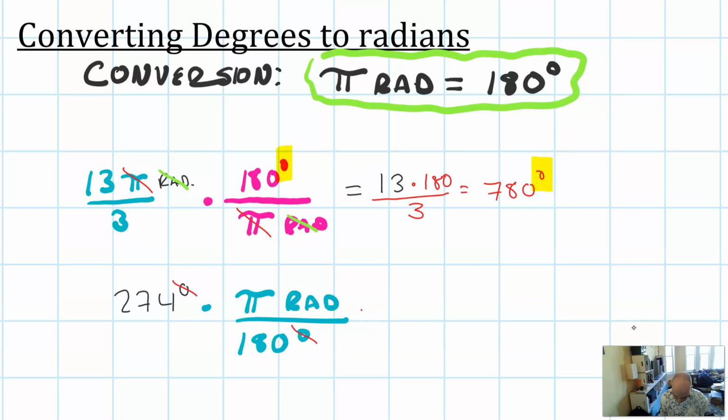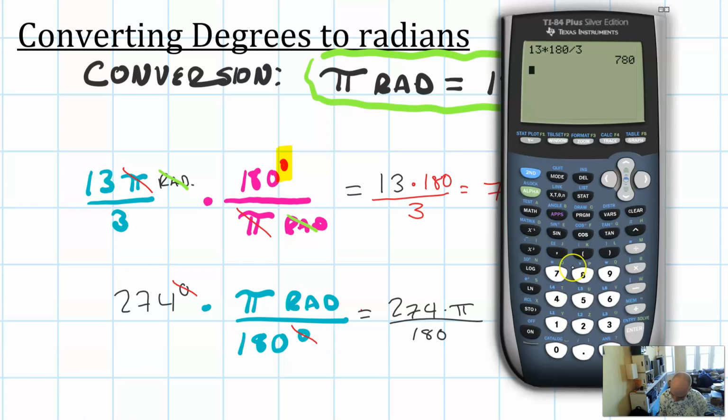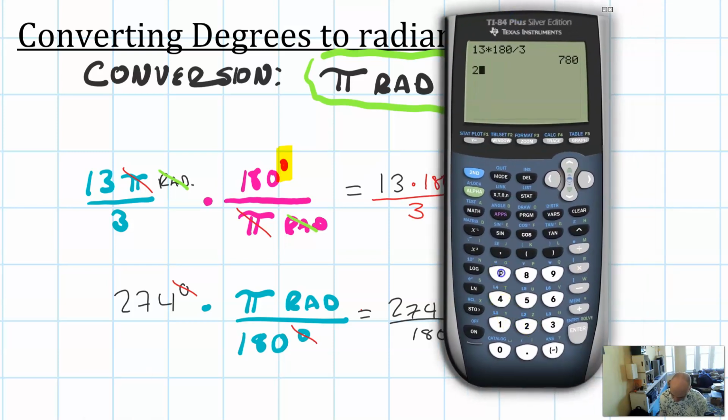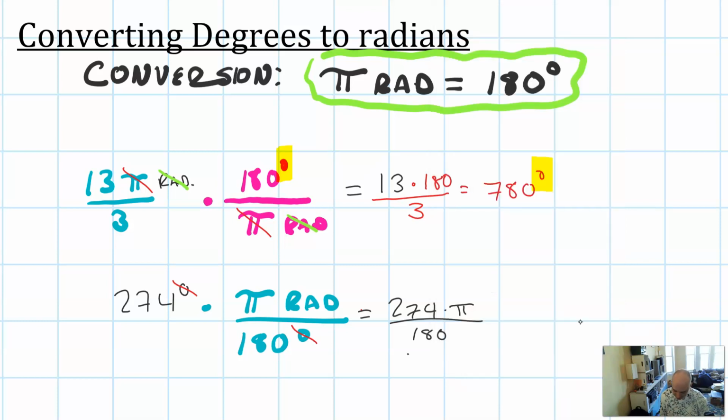The degrees will cancel, and what I need to do then is just 274 times pi divided by 180, which again you can just do in your calculator. About 4.782 radians. And again, why is this radians? Well, because the conversion factor had radians and it didn't cancel out, while degrees did.